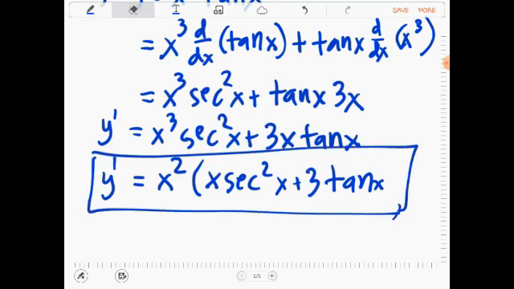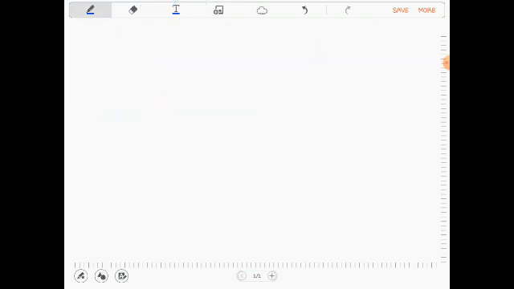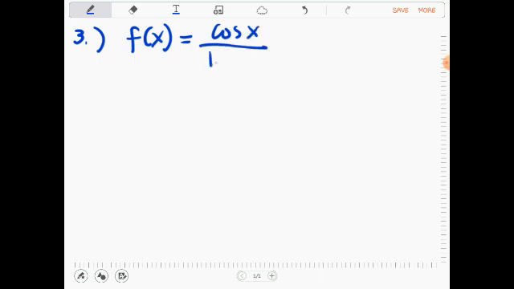Okay. For the last number, number 3, we have the function of x is equals to cosine of x all over 1 plus sine of x. So, therefore, ito yung u, numerator, and v yung ating denominator.